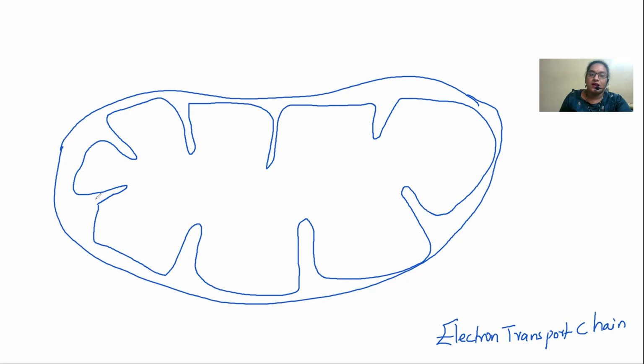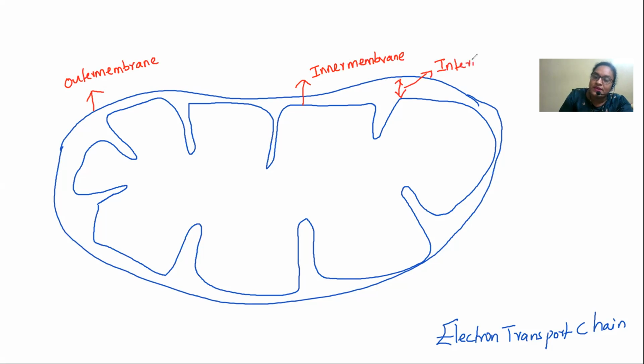Here we are going to have different integral proteins. Let me first give names. This is the outer membrane of your mitochondria, and this is your inner membrane, and the folds are called cristae. The space between the outer membrane and the inner membrane is called the intermembrane space.